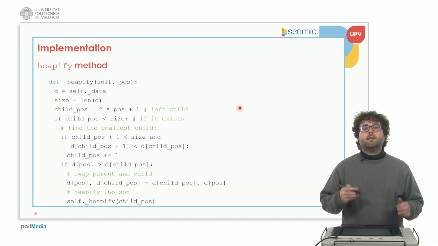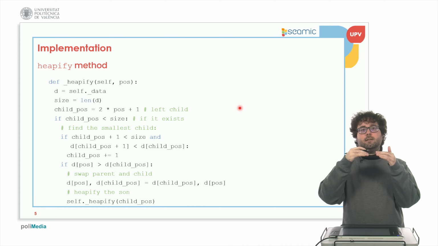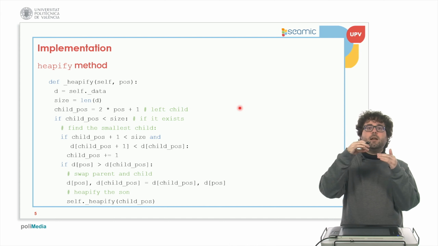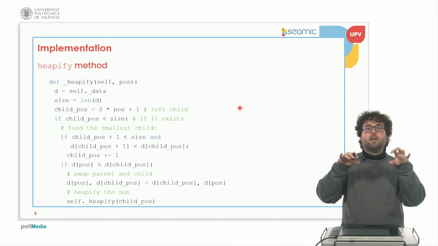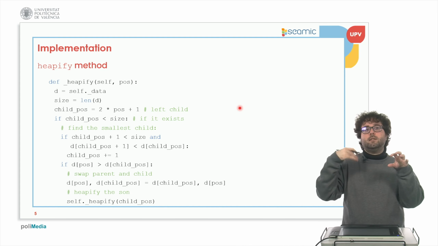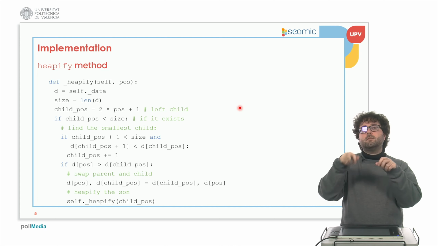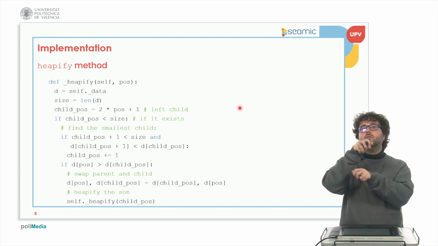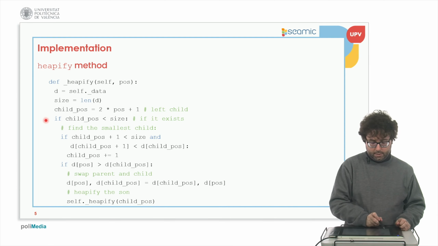Remember that when we are heapifying from a position, what we are checking is if that element is not a leaf. We check its two children, find which is the smaller child, and compare it to its parent to see if we need to swap positions.